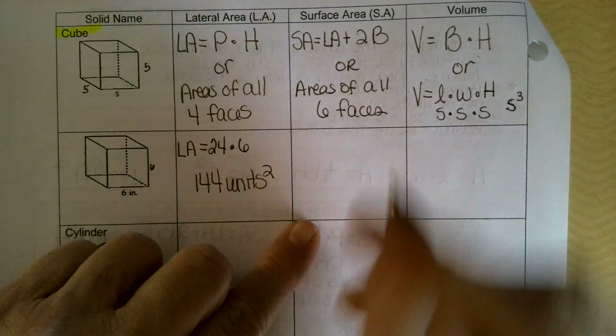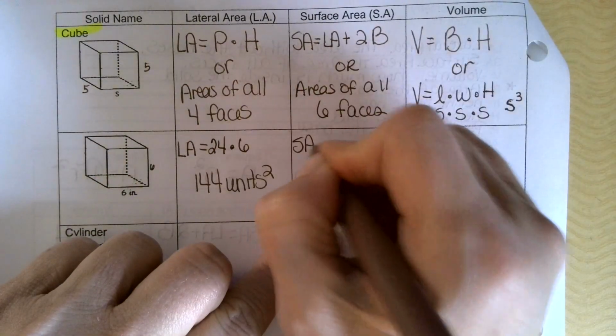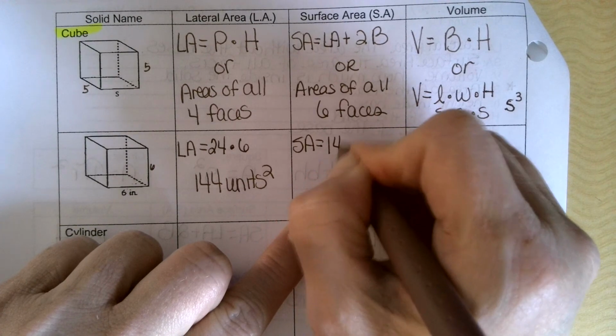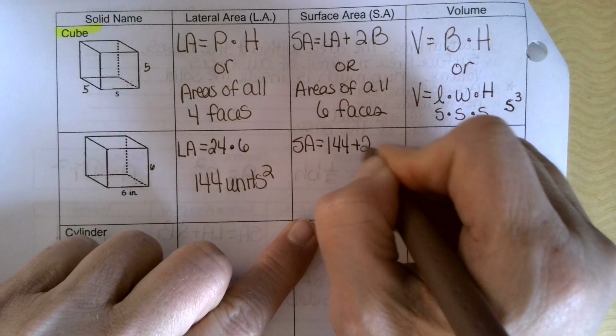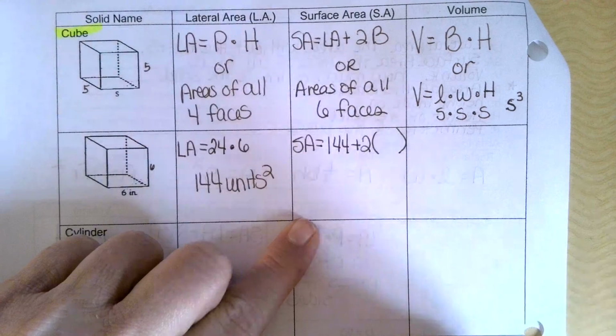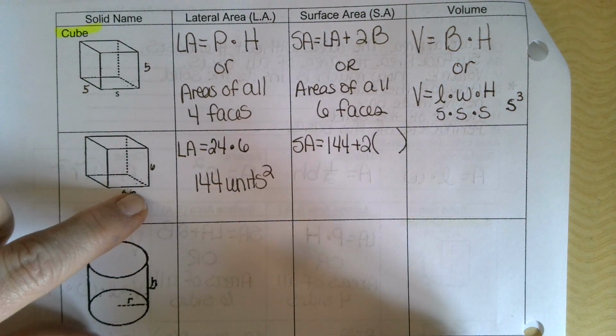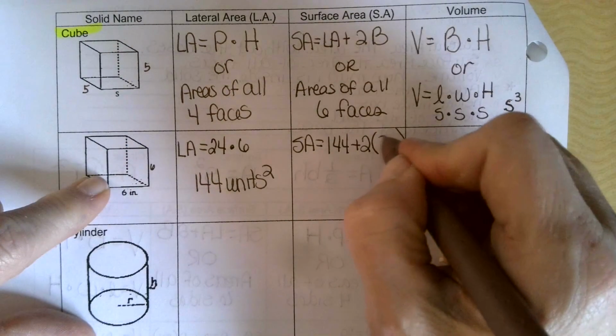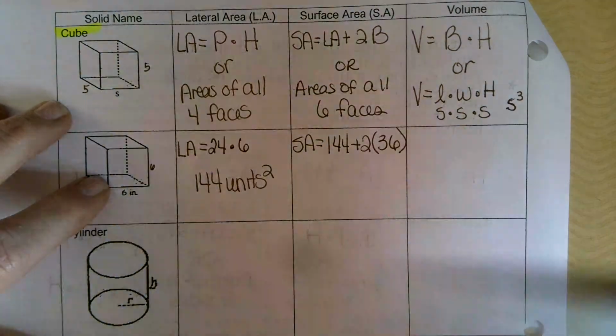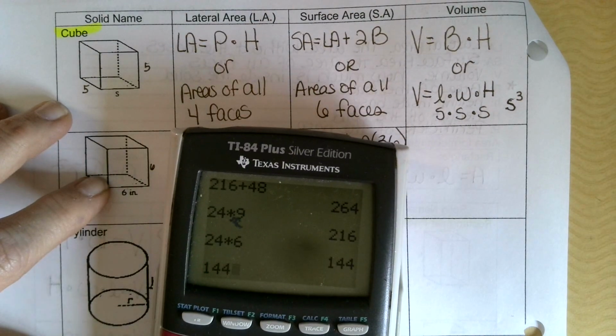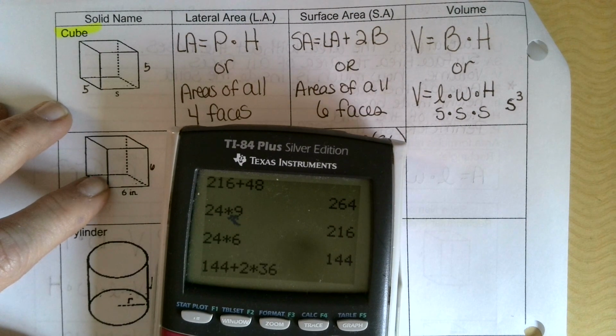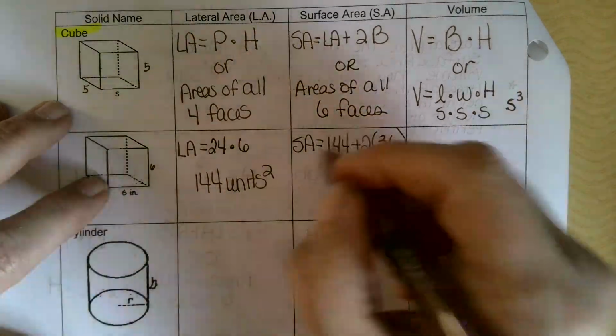All right, surface area is my lateral area plus 2 times the area of the bases. So my base is 6, area is 6 times 6, which is 36. All right, 144 plus 2 times 36 is 216.